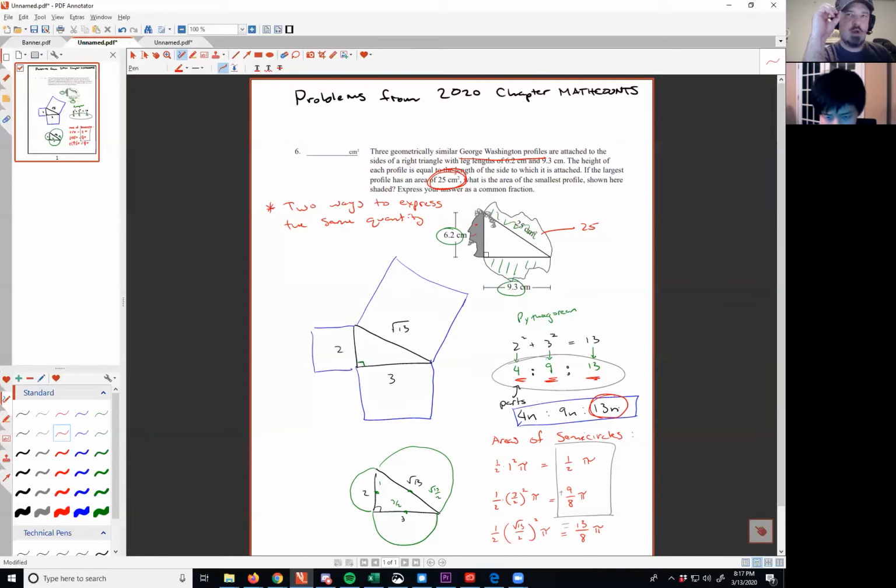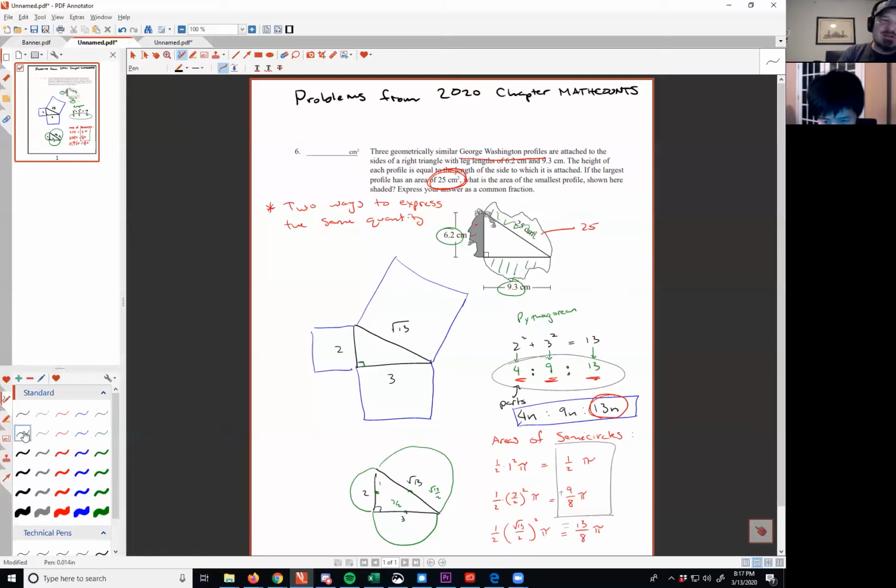So we have two ways to express the area of the biggest one. What does that mean? We could write an equation. What equation? What is equal to what?